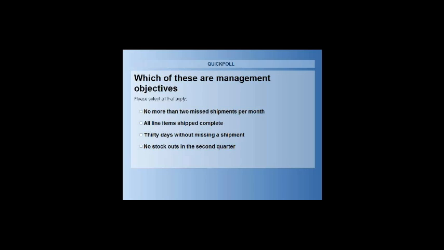What I would like you to do over the next 45 seconds is choose every one of these that you think is a management objective. Everybody's jumping in real quick here. So, make your choices, and then we'll come and see what everyone has to say.